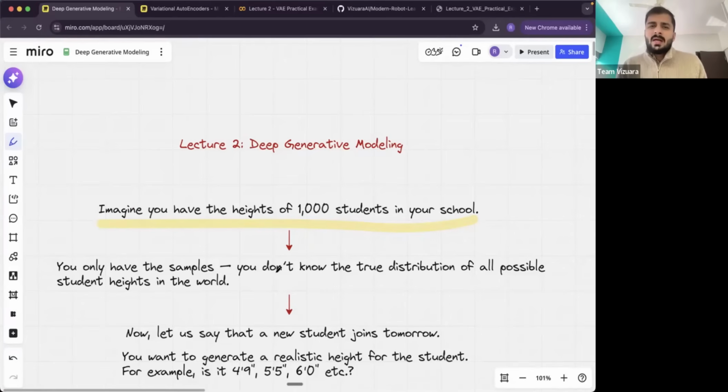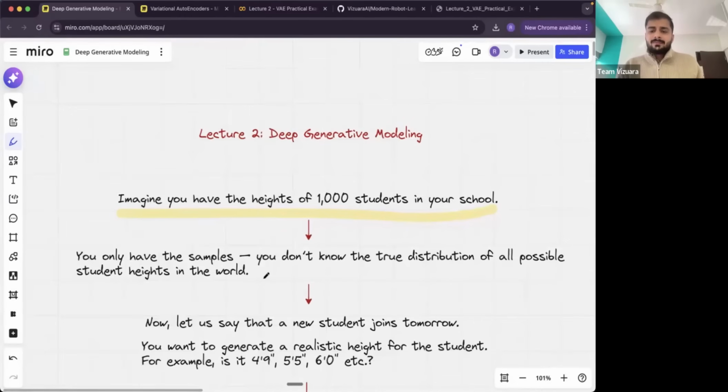But very few of us are actually comfortable to think in terms of probability distributions. So I'm trying to make this lecture more intuitive so that all of you should get comfortable with distributions. And what does it mean to predict a distribution? What does it mean to sample from a distribution? So let's understand that in detail.